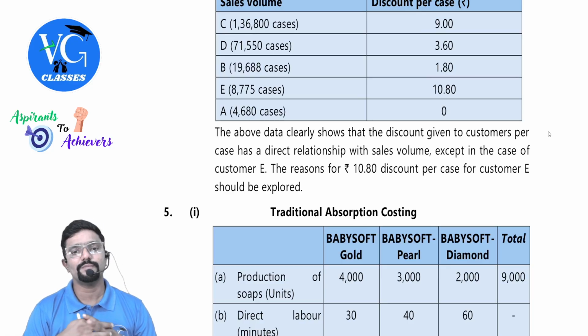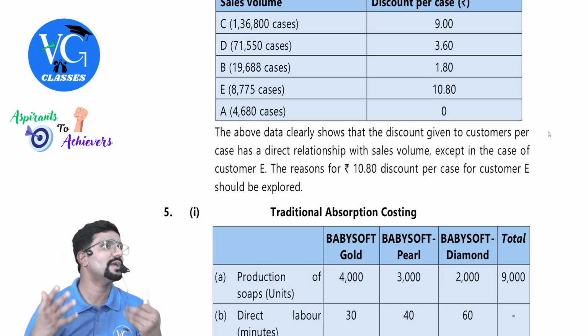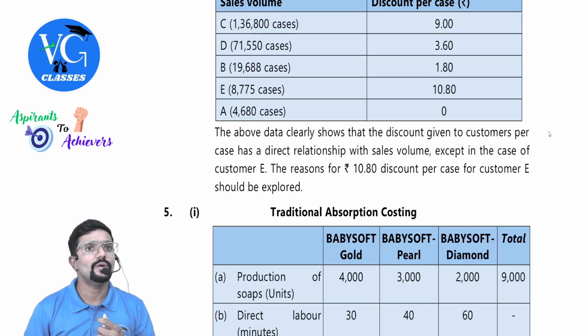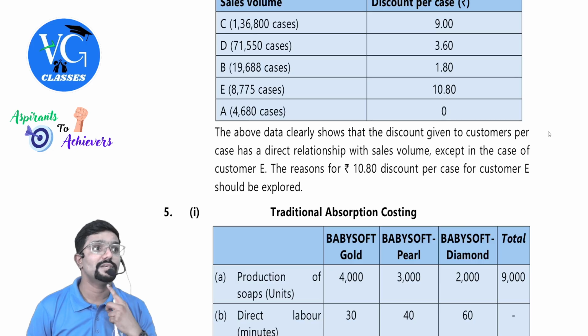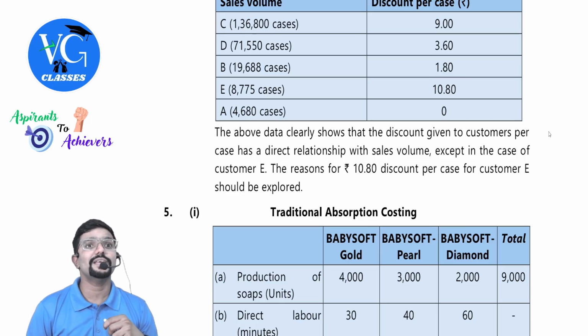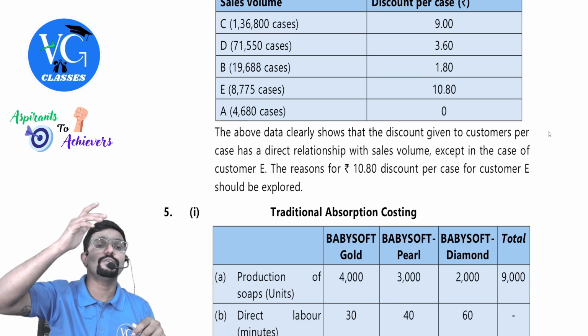The reasons for the 10.80 discount per case for customer E should be excluded. Why are we giving him so much, even though he is not ordering so much quantity? Is there any relationship on that? Clear? Because relationship will affect the prices. Correct? Even in taxation you have seen. When supplier and recipient are related, don't go by section 15. What do you have to do?